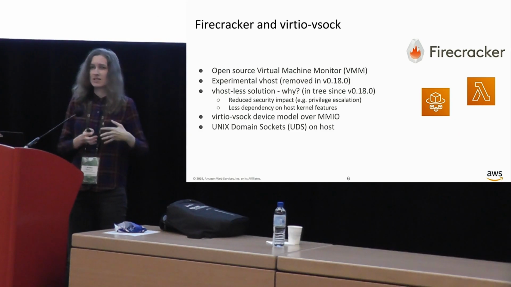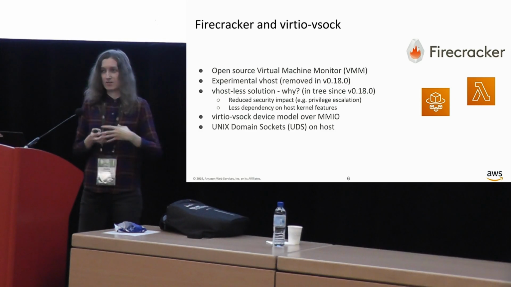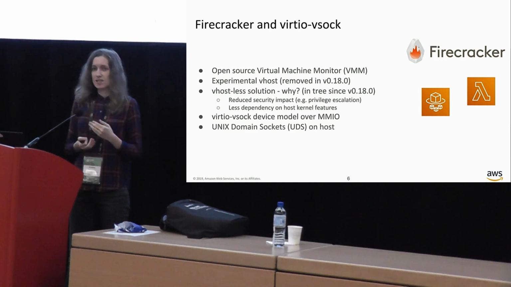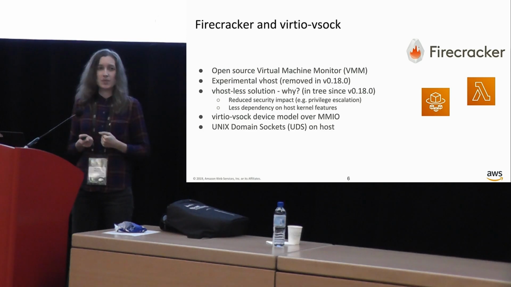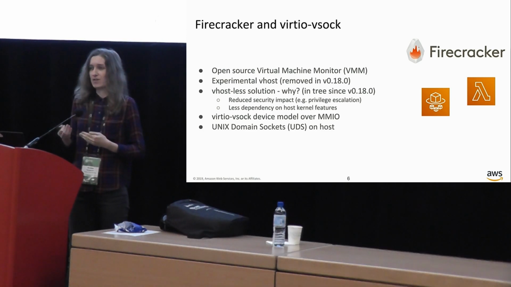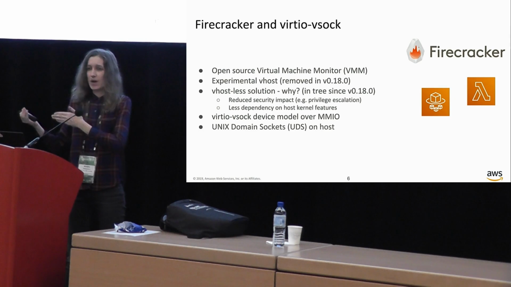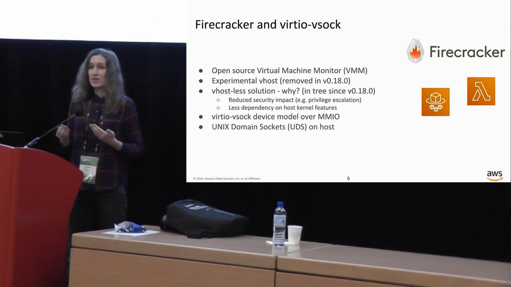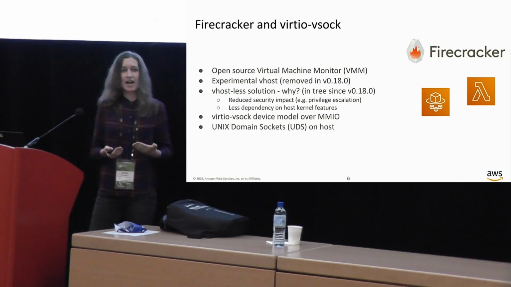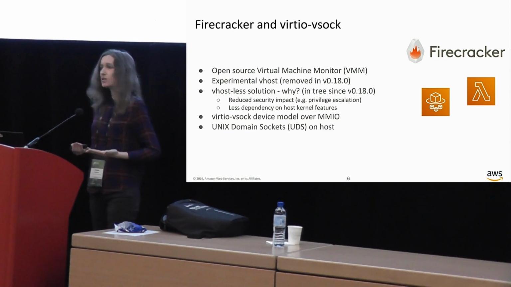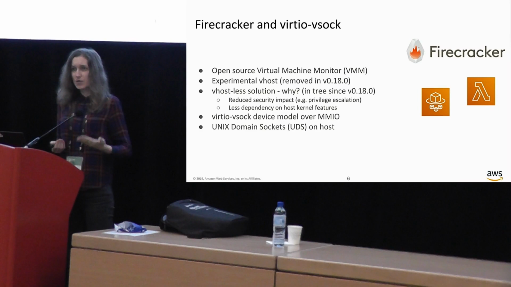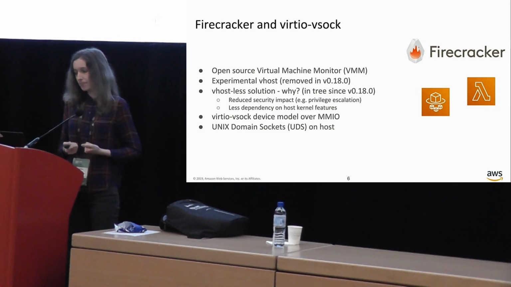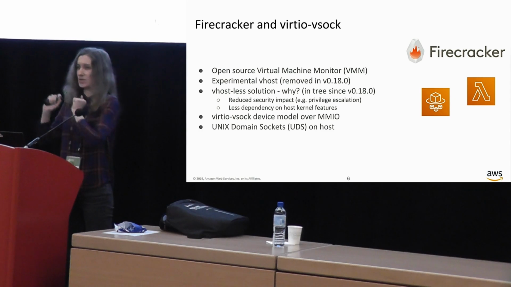So by using the Unix domain socket instead of the vhost implementation on the host, we can reduce the security impact of what could happen if there is a security bug on the guest side or on the host side. For example, there was a recent CVE regarding the vhost kernel implementation, where there was a buffer overflow, and this could lead to privilege escalation in the guest. So this is from the security perspective.